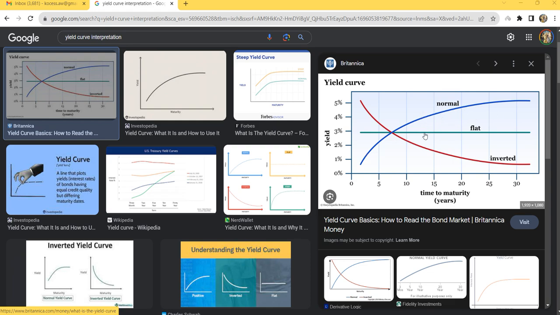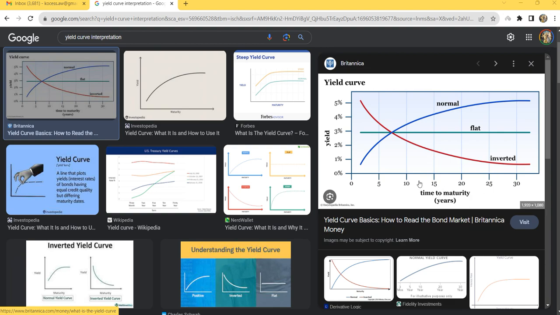For the flat, it depends on how many years you will be investing, so the same kind of return will be received. But when it is inverted, we will not invest in short term investments, and you invest if it is a long term goal, because there is a chance of it increasing over a period.